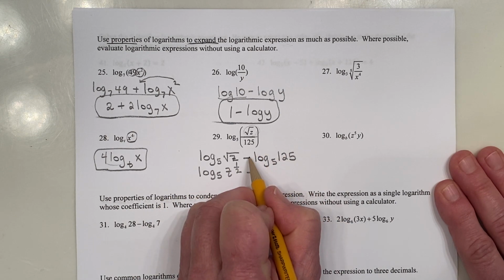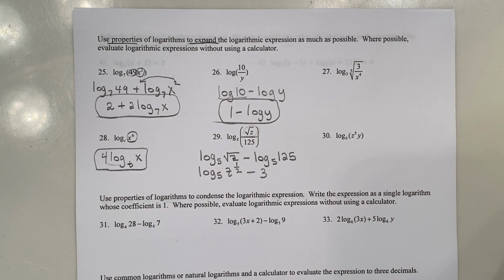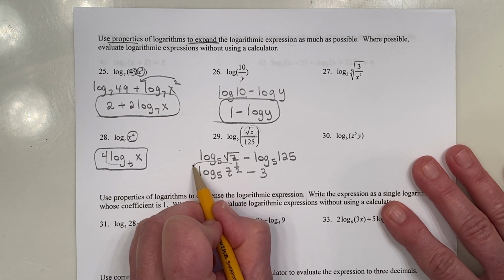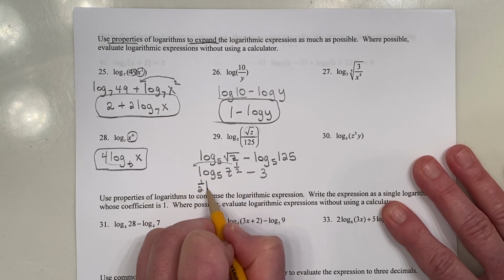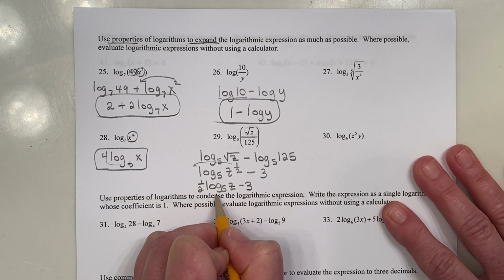Now go to your calculator, figure out that 5 cubed is 125, so that log simplifies to 3. But don't leave this term like this. Let's use the power property to a factor. And then we're complete.